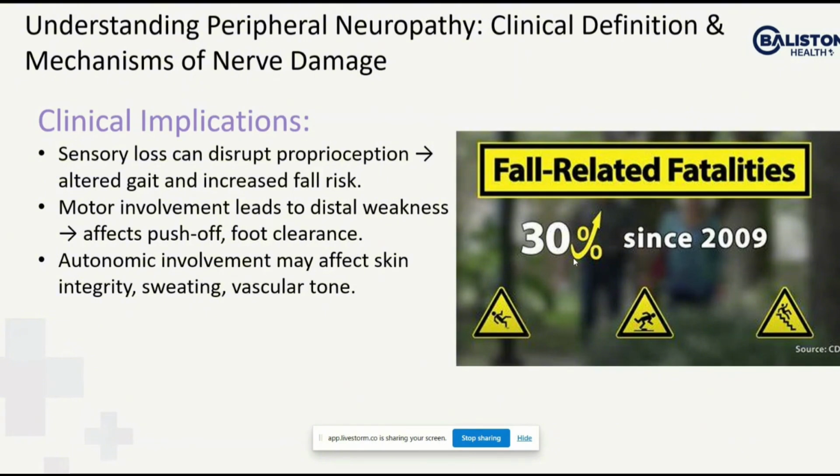The inside of the ankle bone would actually touch all the way to the floor, right? Because they didn't have that sensory impact, eventually leading to wounds and things like that. But from our example of a gait impact is that inability to know where their foot is in space, and then certainly the motor aspect and showing those relative weaknesses that we'll talk about a little bit more.